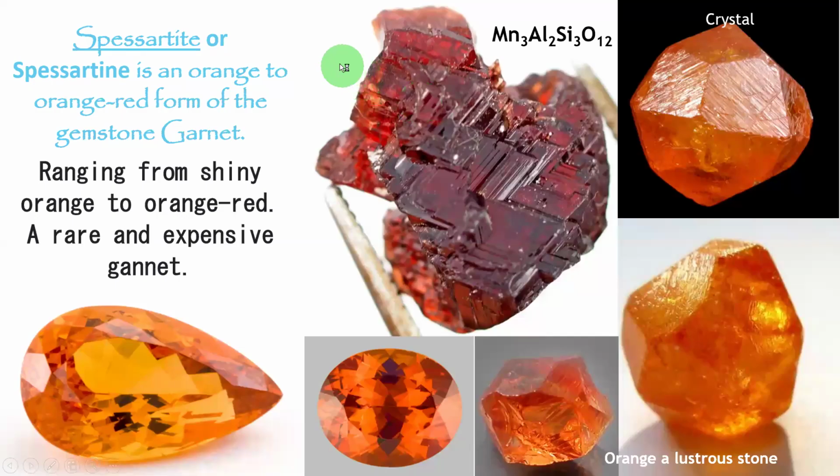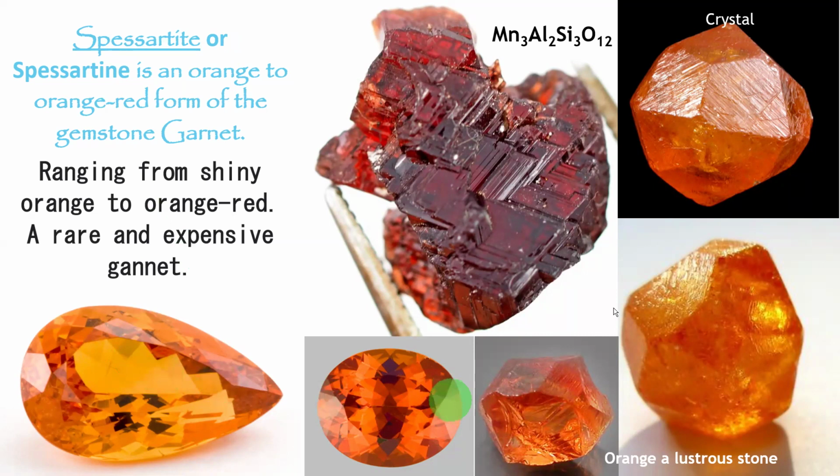Now look at this. Here it is spessartite or spessartine, both are same. It is an orange to orange-red form of the gemstone garnet, ranging from shiny orange to orange red. A rare and expensive garnet. Spessartite or spessartine is known in Sri Lanka by another name, Ratna Gomeda. See the color, orange to orange red.